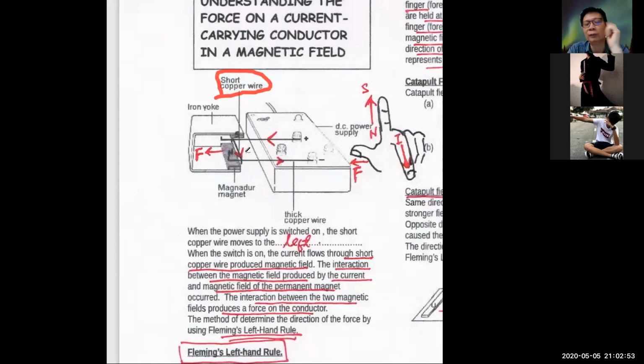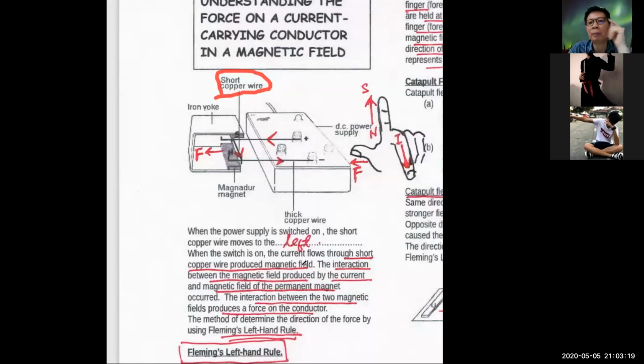In the last lesson you learned that when current flows through any wire, it can produce a magnetic field, correct or not? So when current goes through this wire, it produces a magnetic field. Still remember the right hand grip rule to determine the direction of the magnetic field, isn't it? The short copper wire produces a magnetic field.